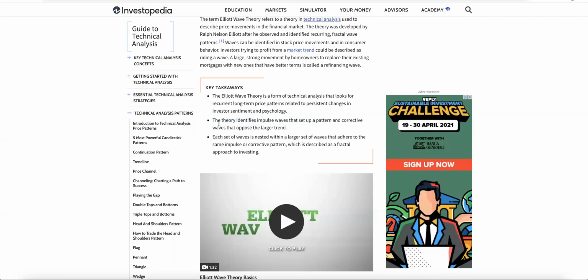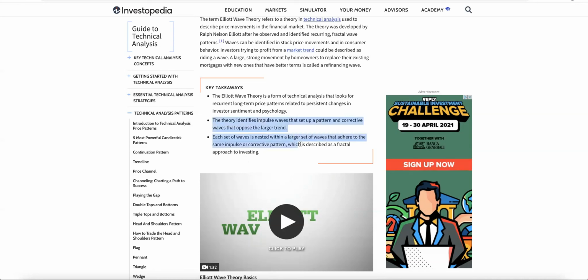Okay, so this is what I want you to take note of. Each set of waves is nested within a larger set of waves that adhere to the same impulse or corrective pattern, which is described as a fractal approach to investing.